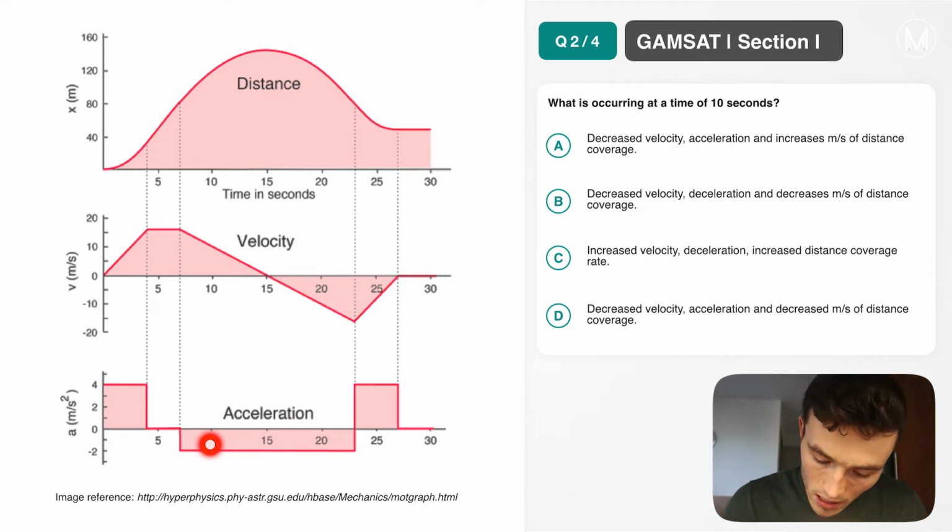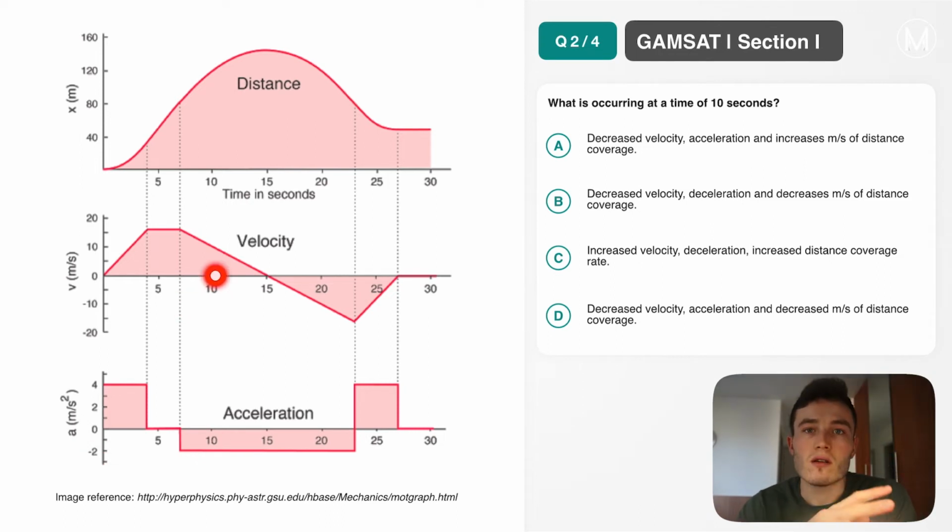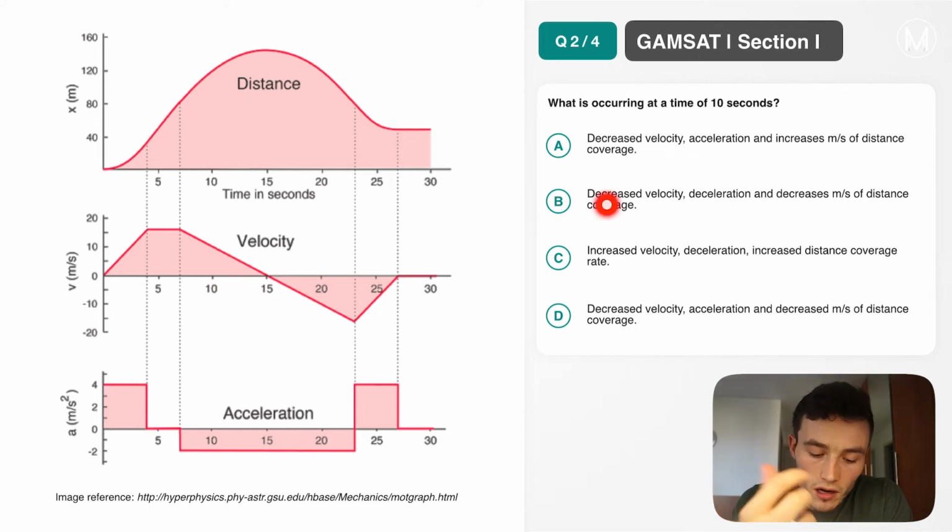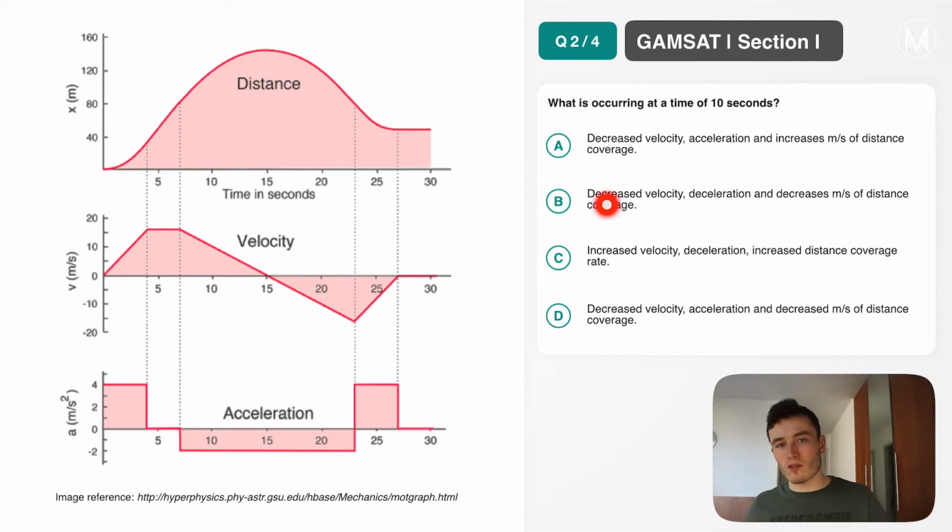Well, I can see at 10 seconds, first of all, acceleration is below 0. So that means I'm decelerating, right? So the minus sign is particularly important there. Velocity, when it has a minus or a plus, it's not incredibly important, in the sense that you could be moving left or you could be moving right. And if you denote one as positive, the other would be negative.